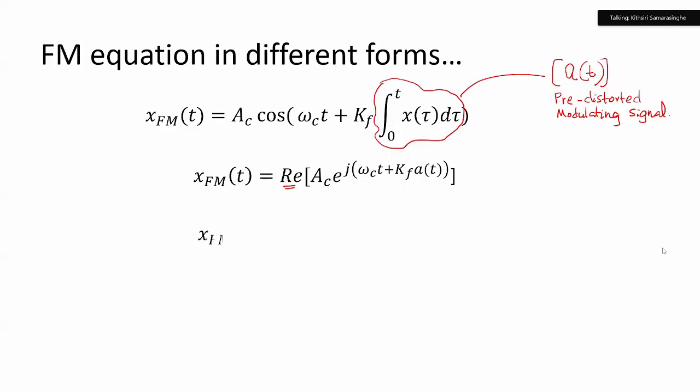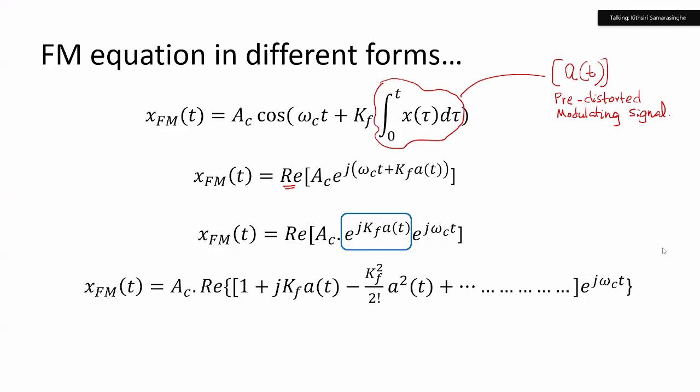So this could be even expanded by separating e to the power j omega ct and e to the power j kf a(t). And e to the power j kf a(t) can be expanded in the form of 1 plus, and so on, assuming that kf a(t) is less than 1.